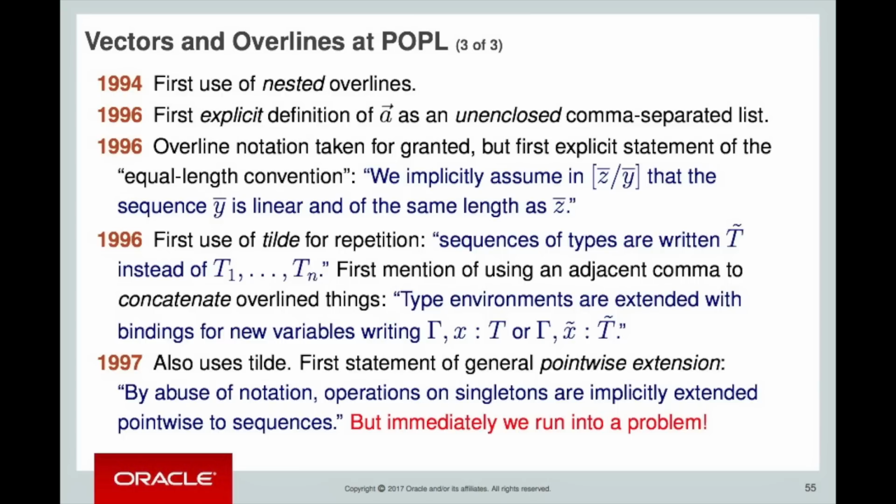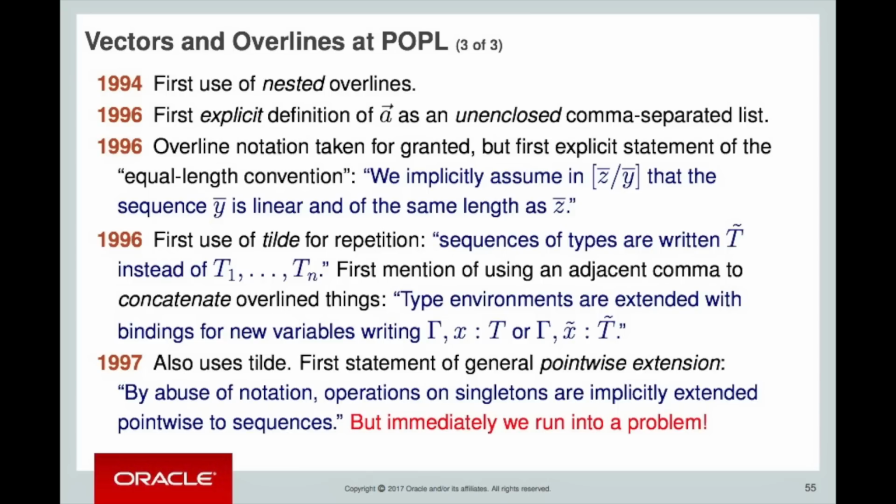Continued development. In '94, we see the first use of nested overlines. If you can put an overline over any syntactic category, sure, you can put one over an overline. In '96, we see the first explicit definition of the over arrow notation as meaning an unenclosed comma-separated list. In '96, we see overline notation taken for granted in a paper, but a first explicit statement of the equal length convention.